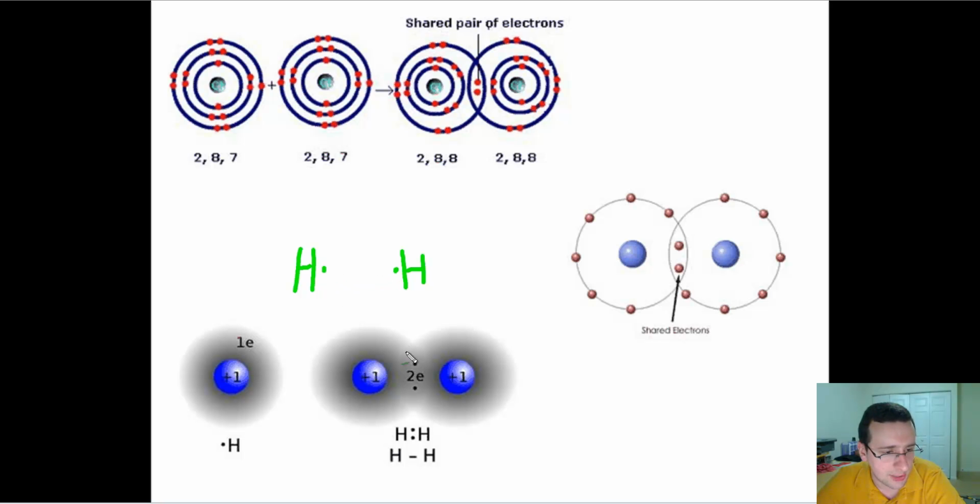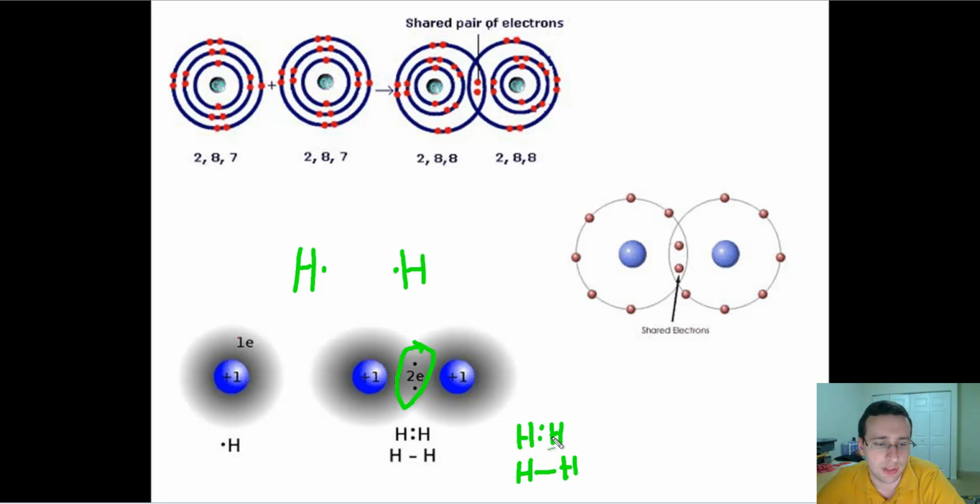So they merge their s orbitals like this, so that they're indistinguishable from each other. Then they form a covalent bond that can be represented in a Lewis dot structure like this, or with a covalent bond symbol, a bar, which is this.